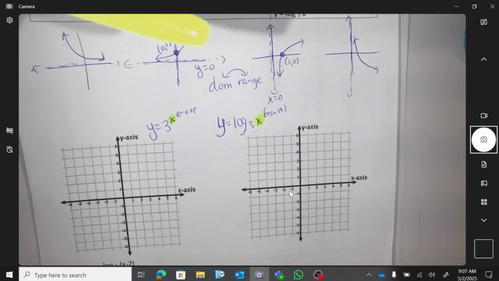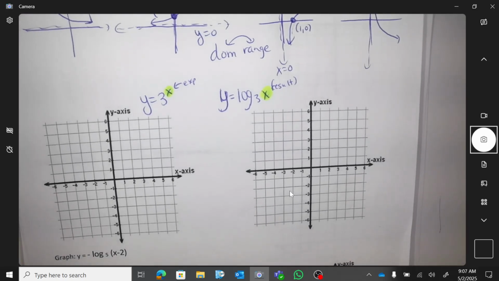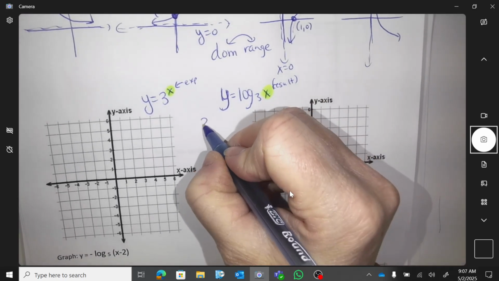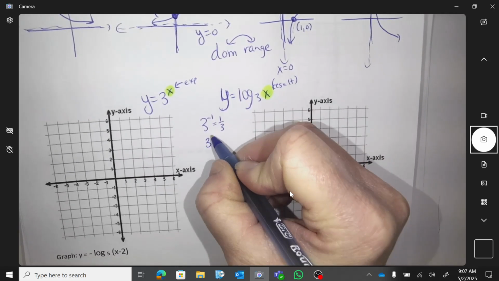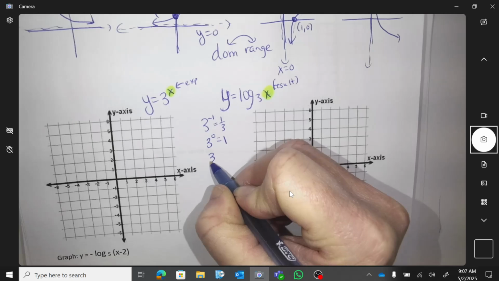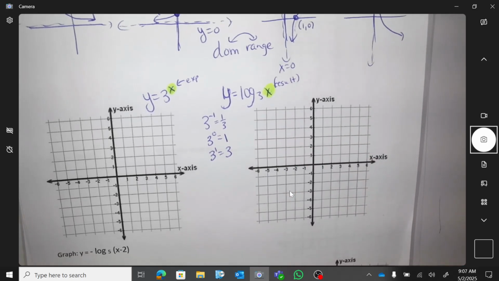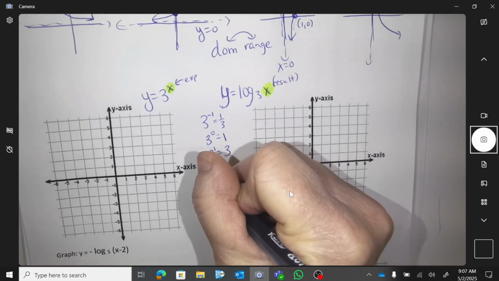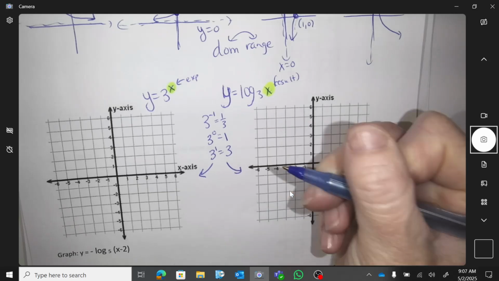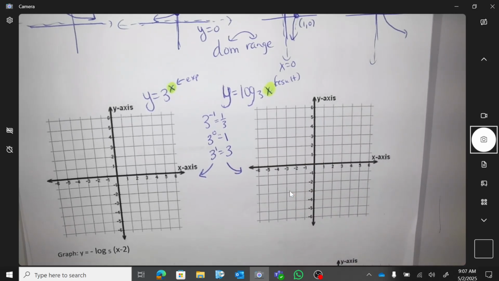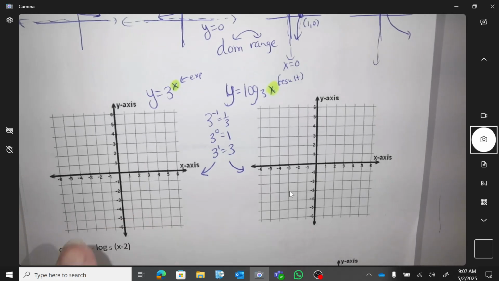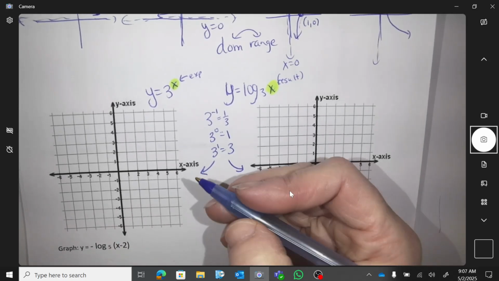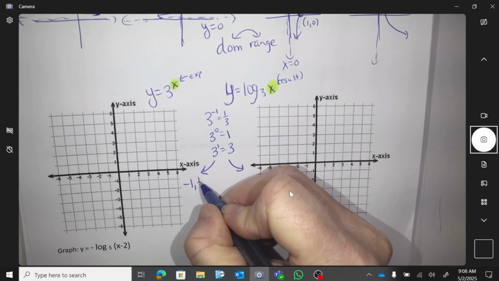Okay, so I'm going to start both graphs the same. 3 to the negative 1 equals 1/3. 3 to the 0 equals 1. 3 to the 1 equals 3. This graph will have the coordinate negative 1, comma, 1/3.